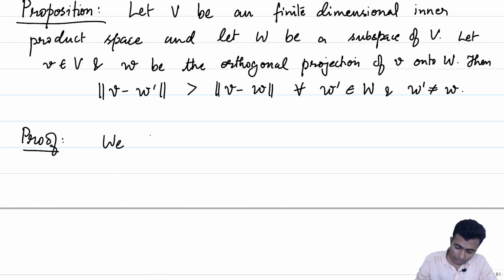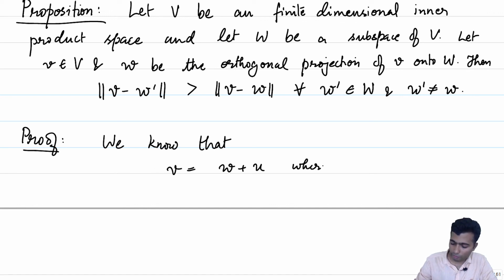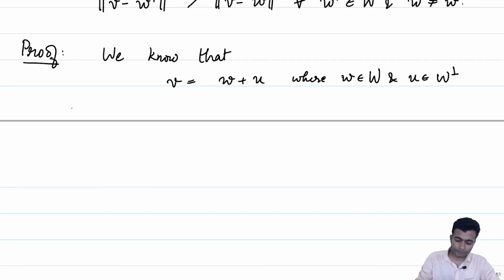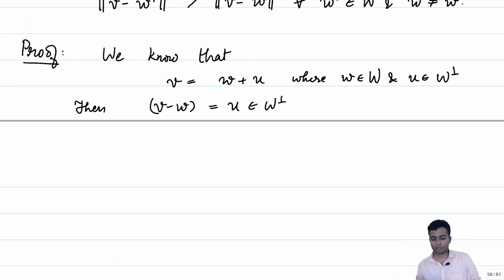We know that v can be written as w plus u, where w is a vector in capital W and u is a vector in the orthogonal complement of capital W. Then v minus w, which is equal to u, is in the orthogonal complement of W.